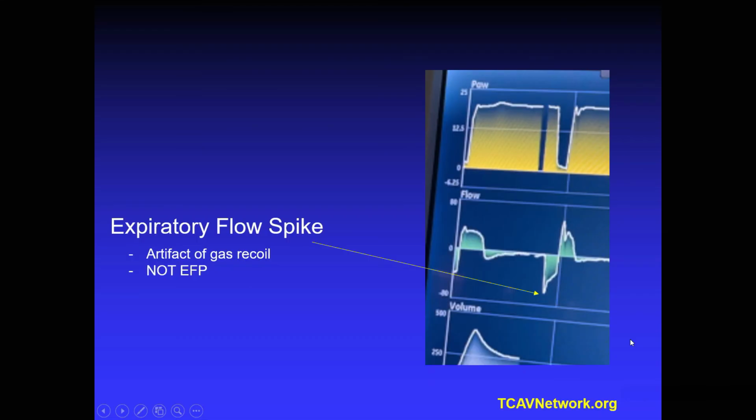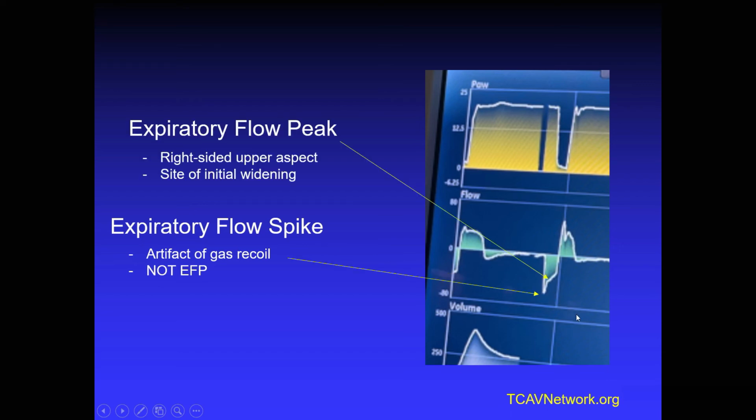Now, something that's important to recognize here is that these flow spikes occur. These expiratory flow spikes, this is not the expiratory flow peak down here. This is an artifact of gas recoil. So you have to recognize this for what it is when it occurs.